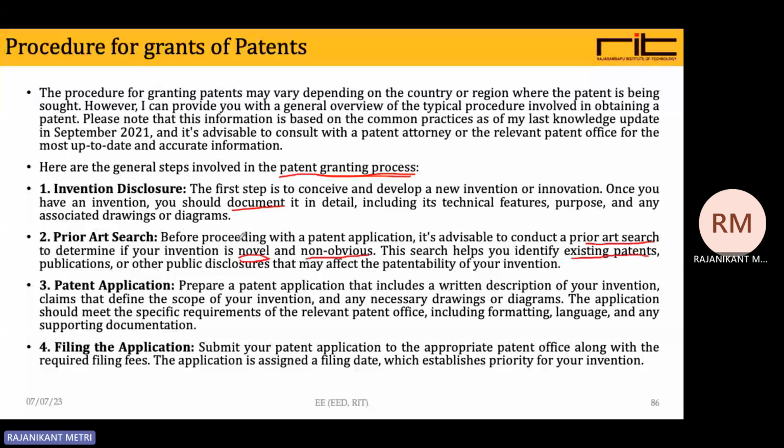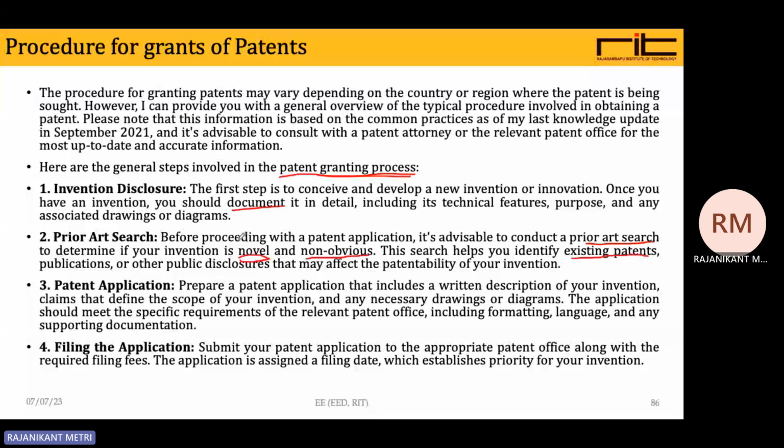Afterwards, filing the application, that is, submit the patent application to the appropriate patent office along with the required filing fees. So you need to pay the fees to the patent office. The application is assigned a filing date, which establishes priority for your invention.